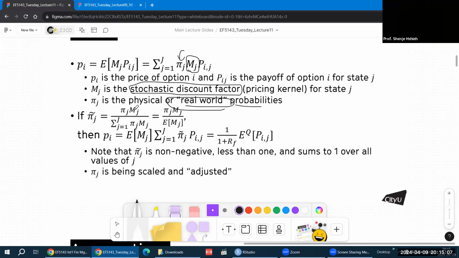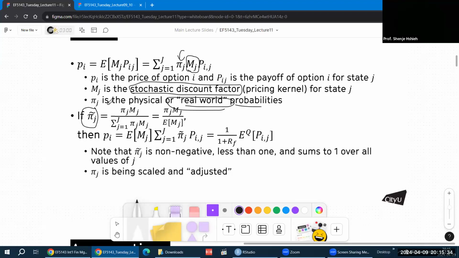So we take the pi_j m_j and scale it by the sum of pi_j m_j, and rewrite it this way. So think of pi tilde as just a rescaling by the average of the state discount factor. You don't have to know precisely why. Just know that we can rewrite these probabilities this way. Okay, so these are new probabilities.